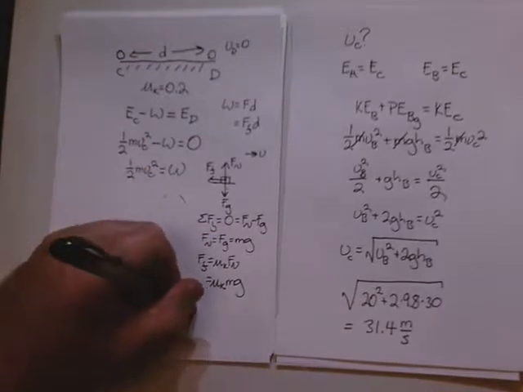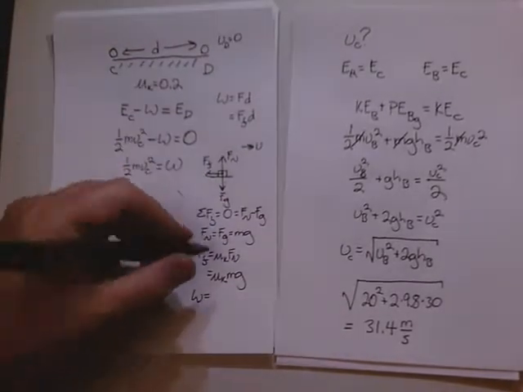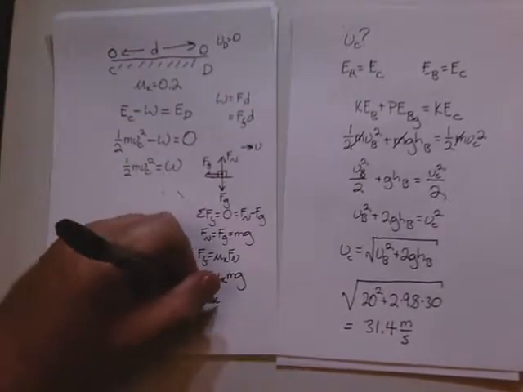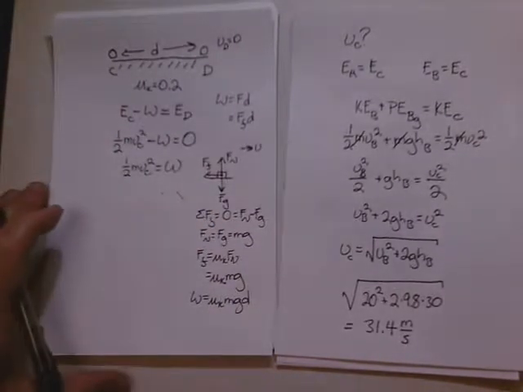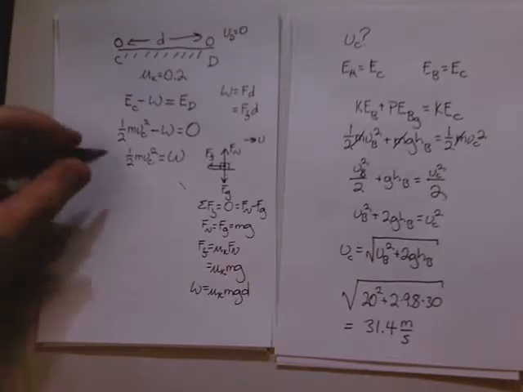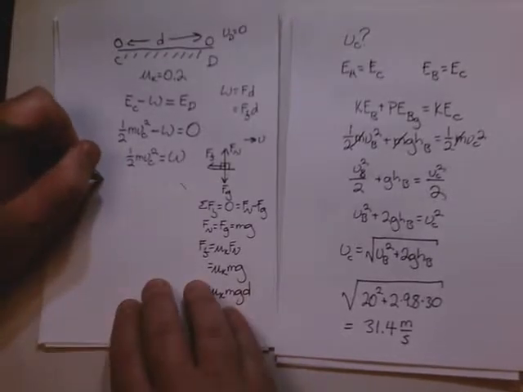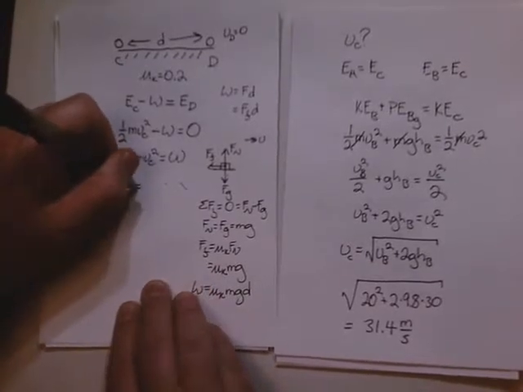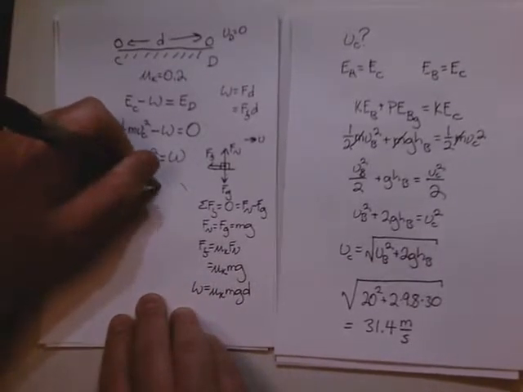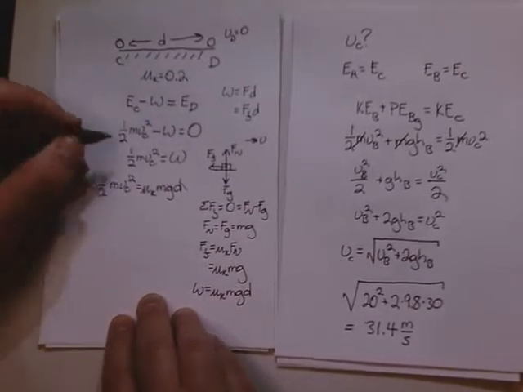Which means that the work, which is the friction force times the distance, is mu sub k mg d. That makes 1/2 mvc squared equal to mu sub k mg d.